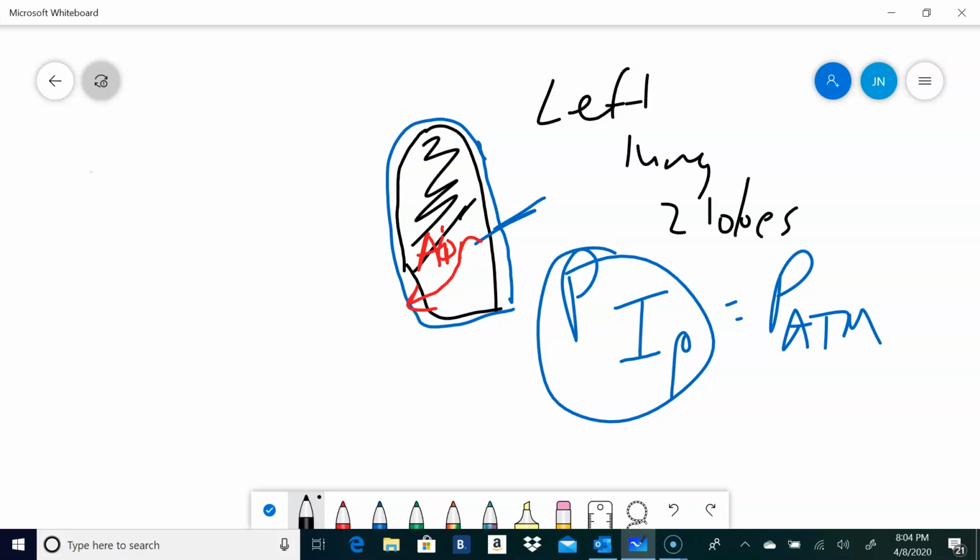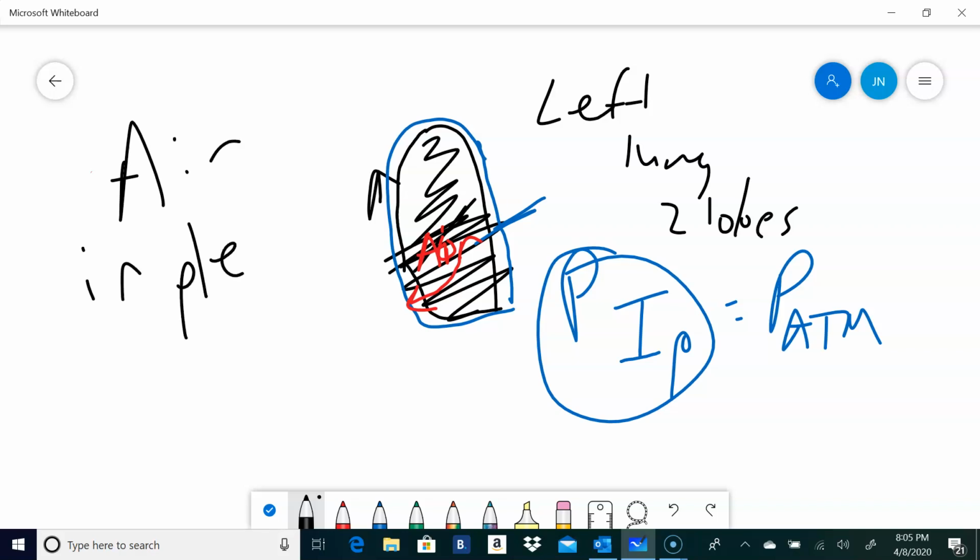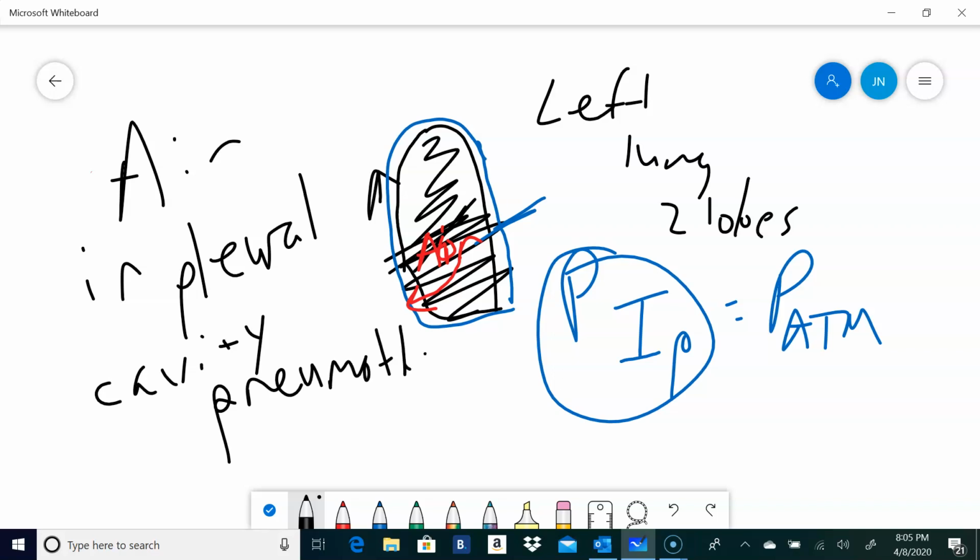It's going to get smaller and smaller and smaller as air fills that. Air in the pleural cavity is called pneumothorax. So punctured lung, atelectasis, or sorry, collapsed lung, atelectasis. Air in the pleural cavity, pneumothorax.